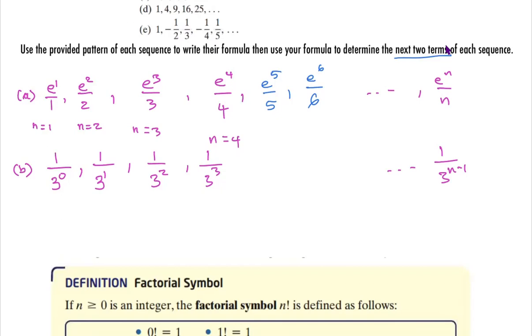You have two options in this case: 1 over 3 to the n, which starts with 0, or 1 over 3 to the power n minus 1, which starts with 1.